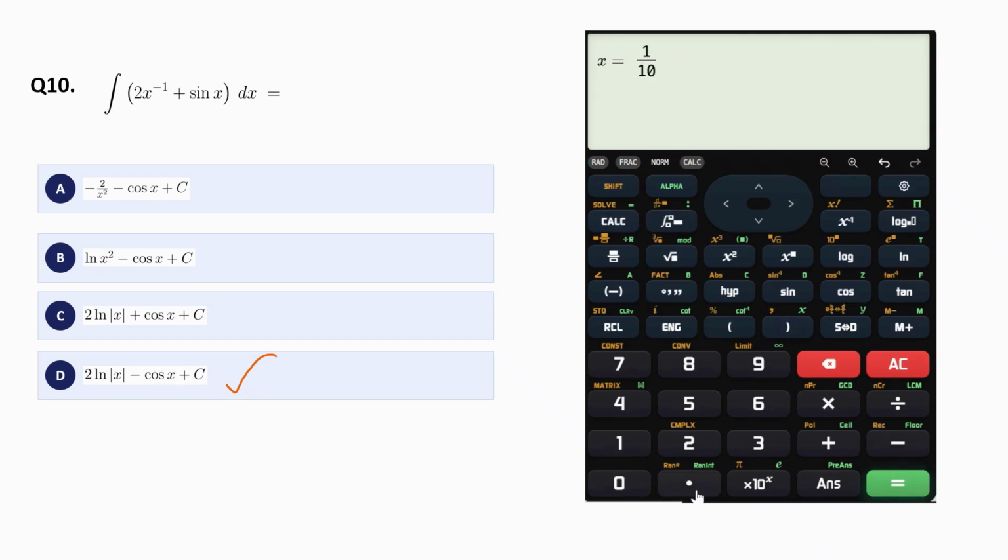Let's enter a small value, which is 0.1, and let's fix the answer, that is 20.0998334165. Now let's check each option.